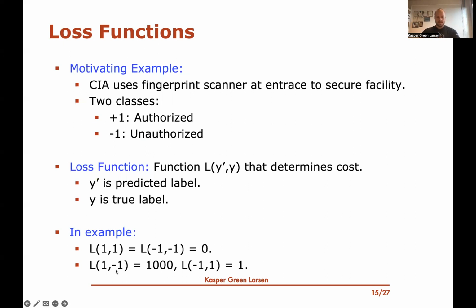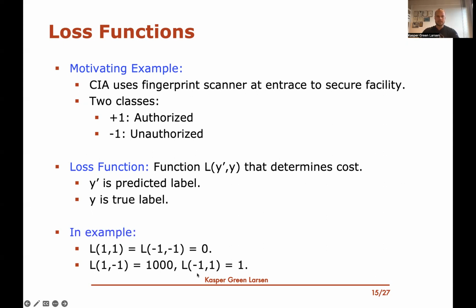Now, on the other hand, if my prediction, the first argument here, is that this person is authorized, and the true label is unauthorized, this is the really bad example. We're saying that someone who's not authorized is actually authorized. We're letting someone into the building that we shouldn't. This should be super expensive.